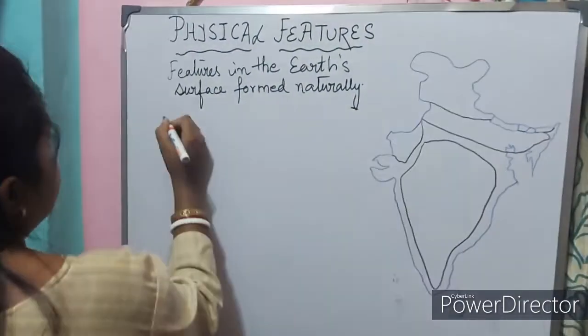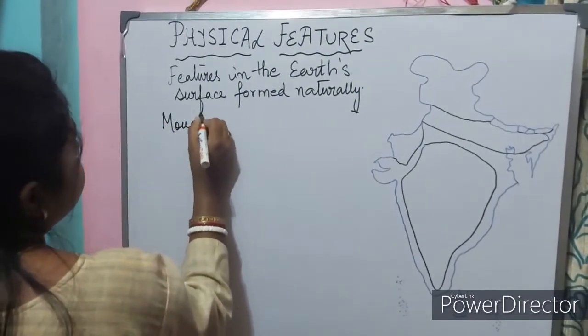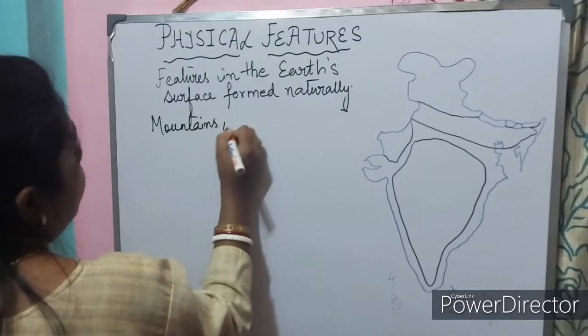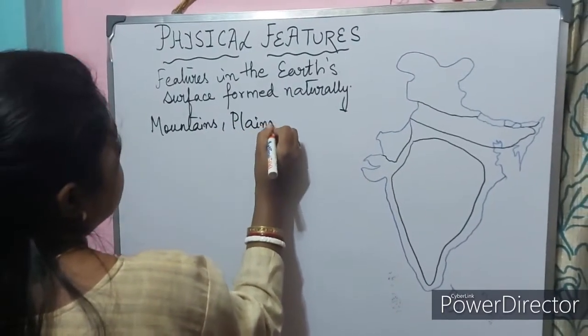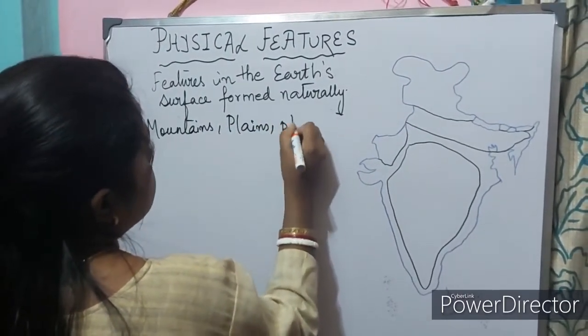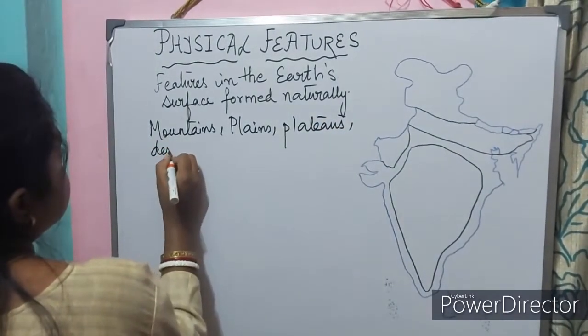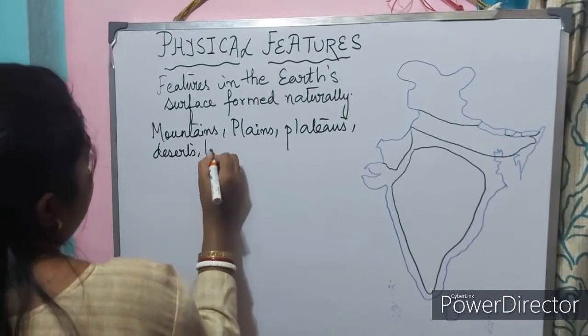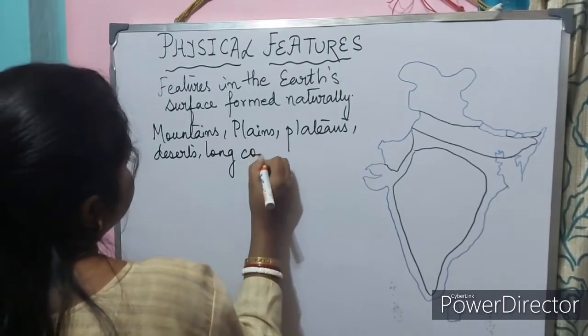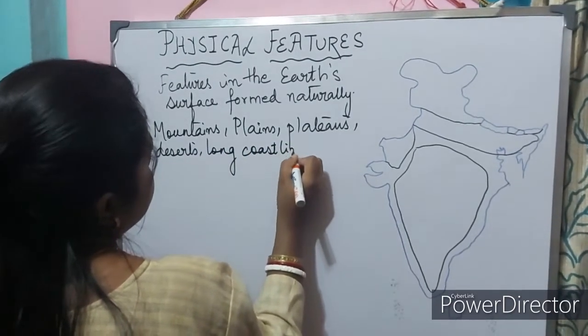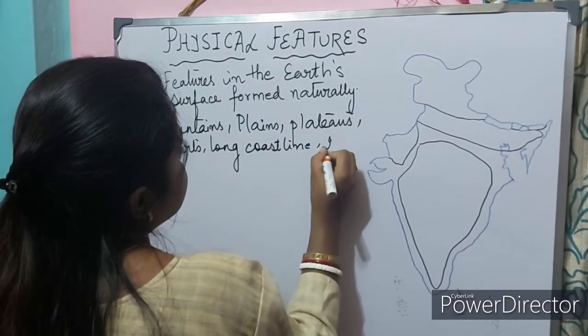What are those? Like mountains, plains, plateaus, deserts, a long coastline, and islands.